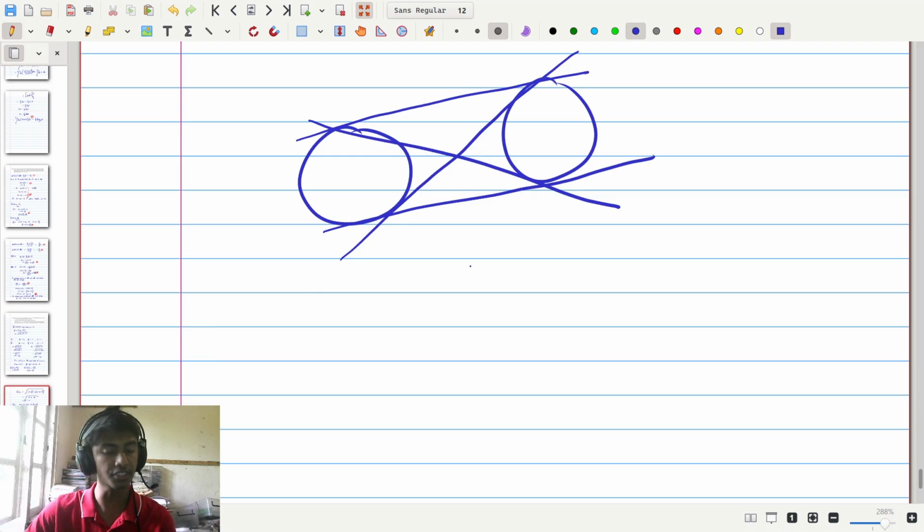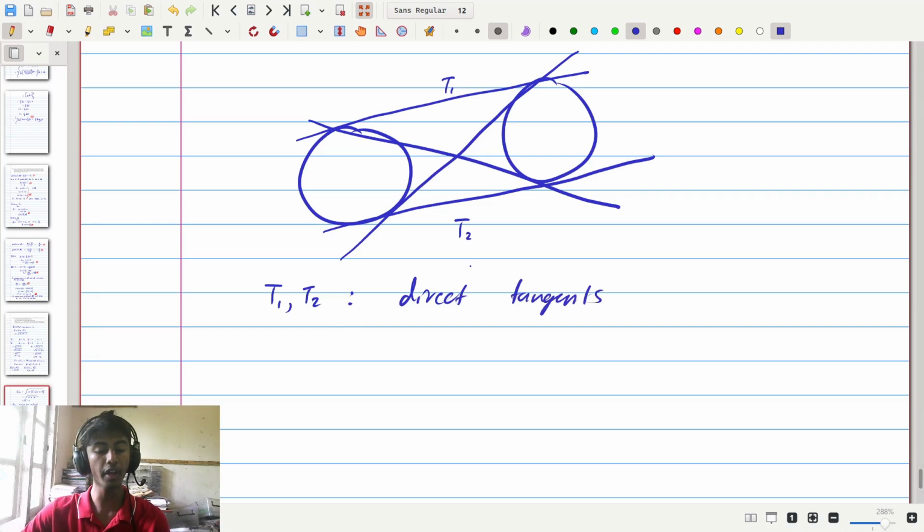These 2 tangents are called transverse tangents. So if we call this T1 and this T2, then T1, T2 are what we call direct tangents. And the other two tangents here, T3 and T4, are what we call transverse tangents.